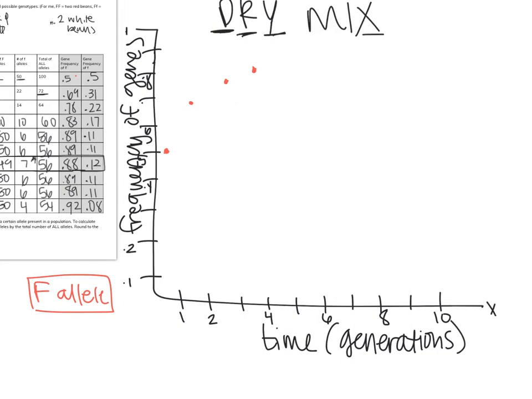Generation 5, it was 0.89. And then it stayed 0.89 for a while. This is generation 6. Generation 7, remember we're omitting. Generation 8 stayed at 0.89. Generation 9 is 0.89. And then generation 10 is 0.92. So it went up a little more. Okay? And then we connect them.